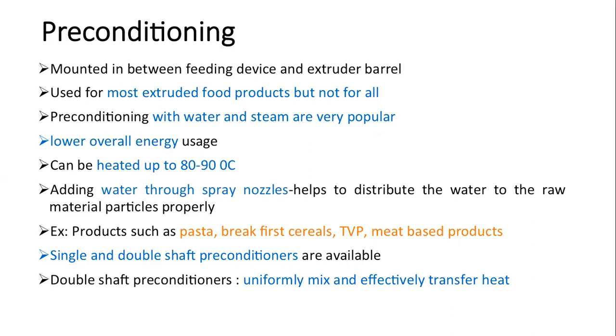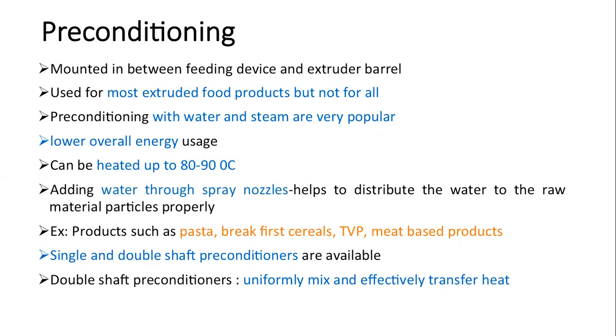So with preconditioning, as we discussed, some chocolate-like raw materials need melting, so we have to melt them before processing, as an example. Likewise, we need different preconditioning systems. We can increase the temperature, we can add moisture, we can add steam, and blanching is also possible.